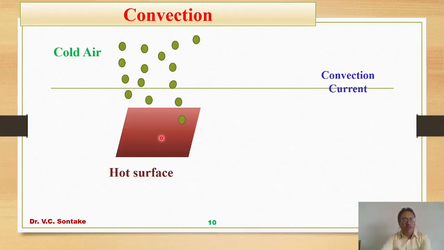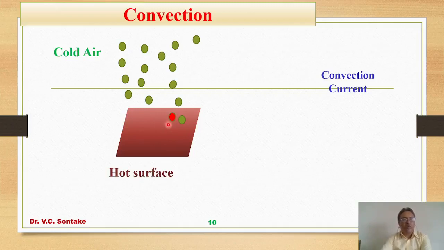Now, how will heat transfer take place from this hot surface to the cold air, because of which this hot surface will become cold? The cold air particle near the hot surface, for example, this one, will come into contact with the hot surface, and heat transfer will take place from the hot surface to this cold particle. So it will become heated. The heated cold air particle is represented by red color.